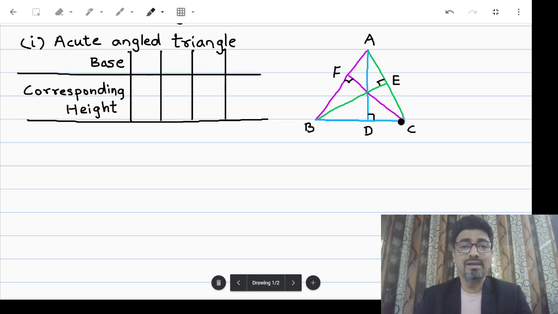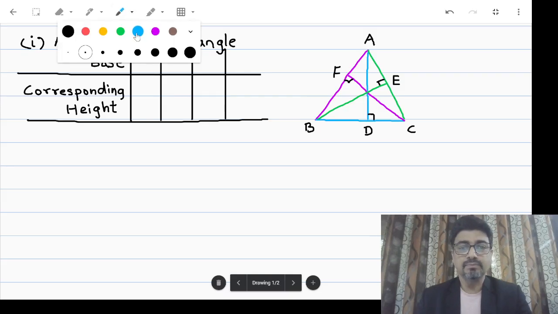What will be the corresponding height? The corresponding height of BC will be the perpendicular, the 90-degree line drawn on the side BC from the opposite vertex A. So from A, perpendicular on BC is AD. So for the side BC, corresponding height is AD.